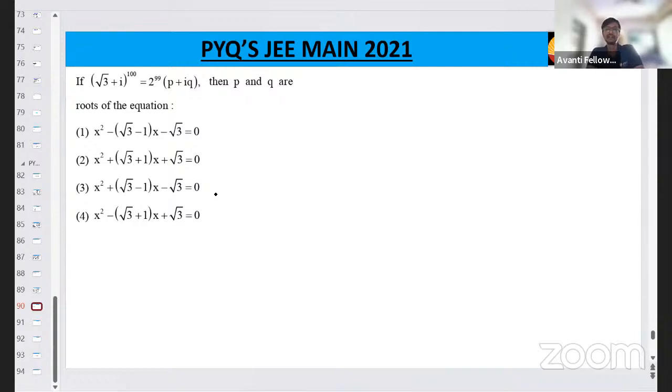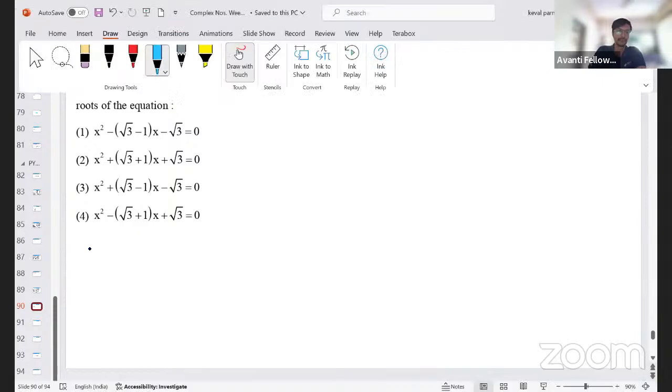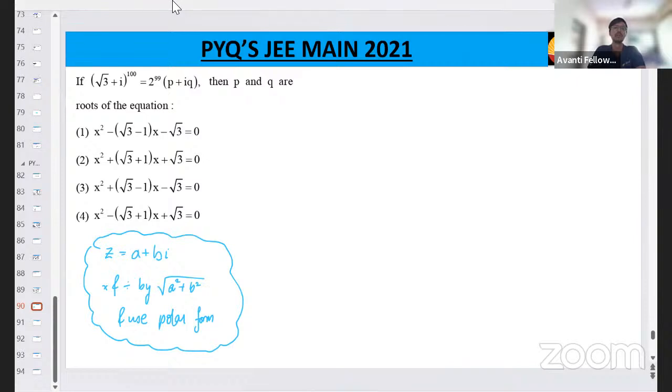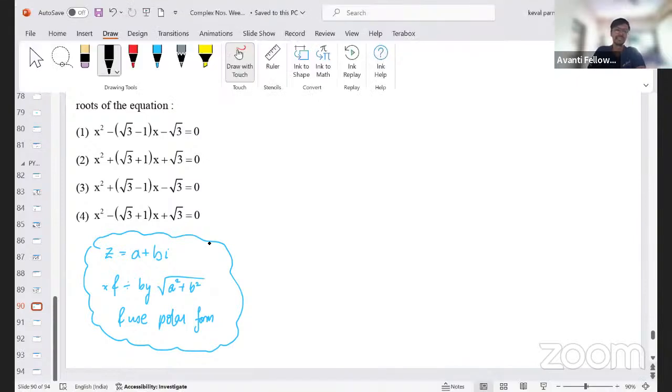So to convert between standard form and polar form, let me give a little recap here. If the standard form is a plus bi, then to convert into polar form, we multiply and divide by under root of a square plus b square, right? And use polar form, correct? After that, we can easily convert into exponential.